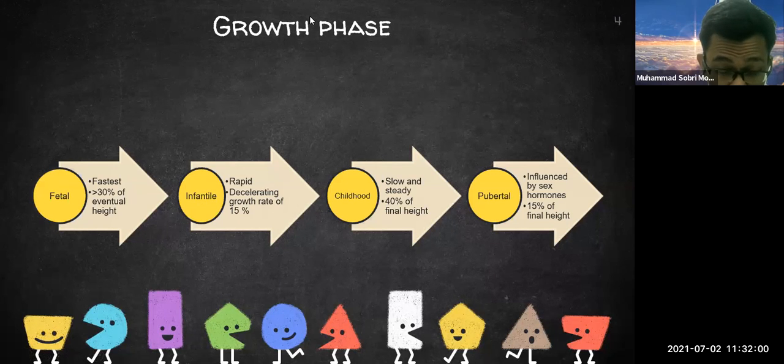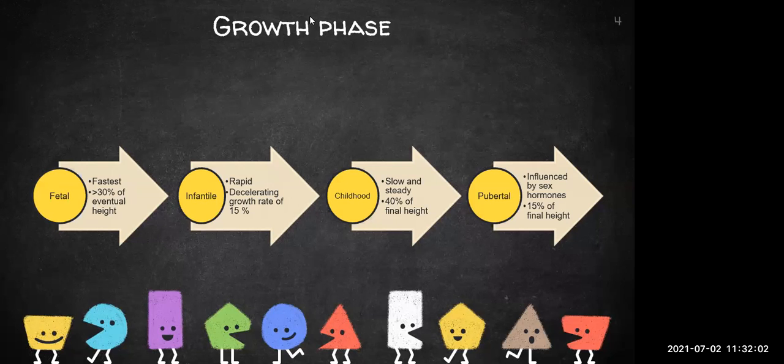Nutrition, right? Usually during this period, we don't use the term short stature. You cannot diagnose short stature using the WHO growth chart for 2 years old and below. If you want to diagnose short stature, you must use the CDC growth chart, stature for age, or height for age, or weight for age.